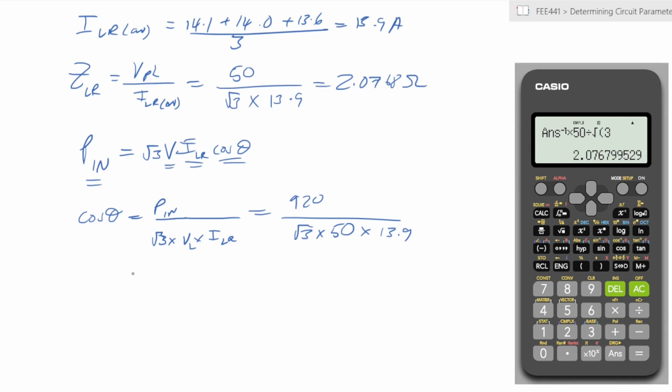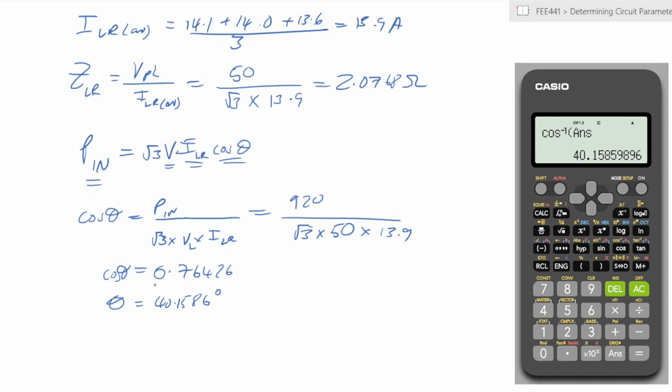So cos theta is 0.76426. The cos inverse of that is the value of theta, which is 40.1586 degrees.